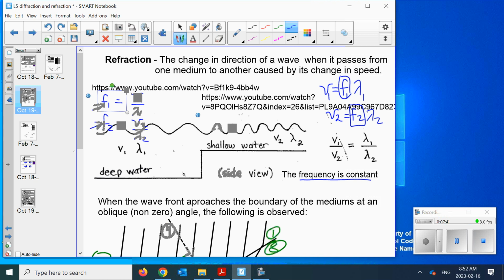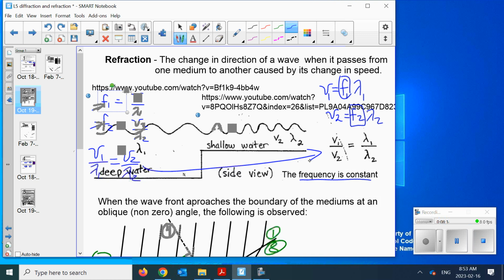That means V1 over lambda 1 equals V2 over lambda 2. If I switch these things around, that's where this comes from. I'm just showing you it's not witchcraft where we come up with formulas.